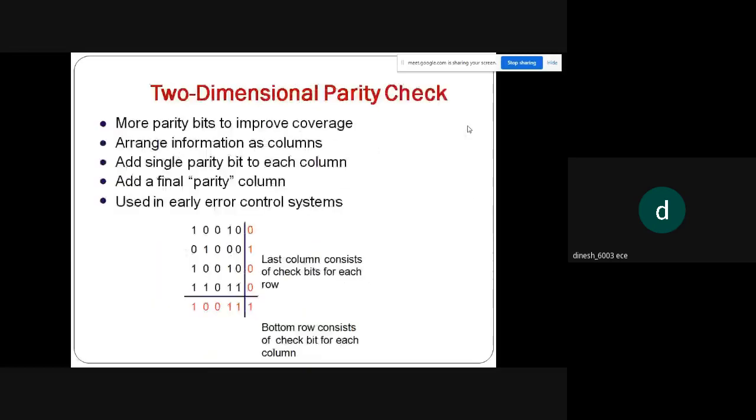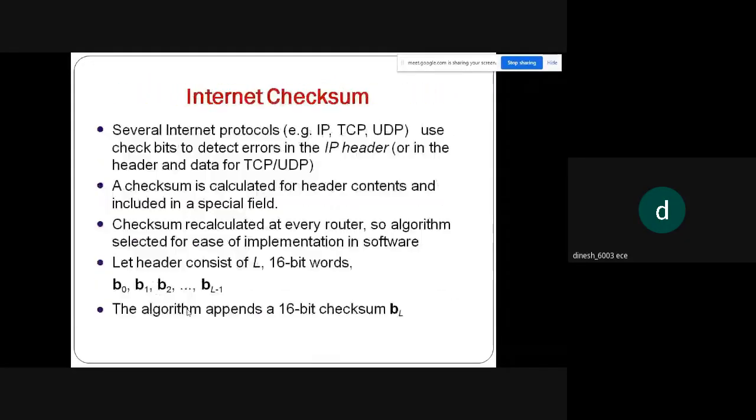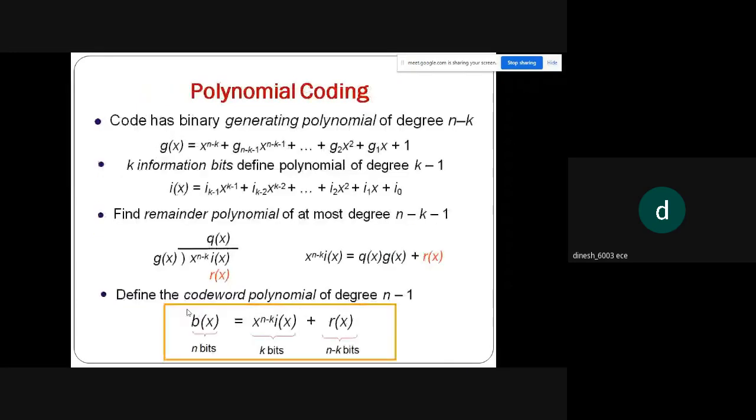N minus k comes from the block diagram that I had shown you. See here, of the degree n minus k.